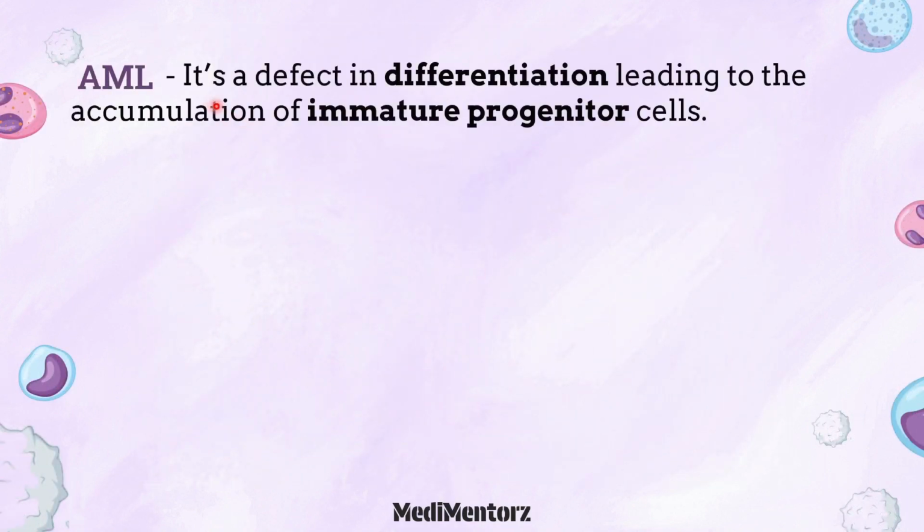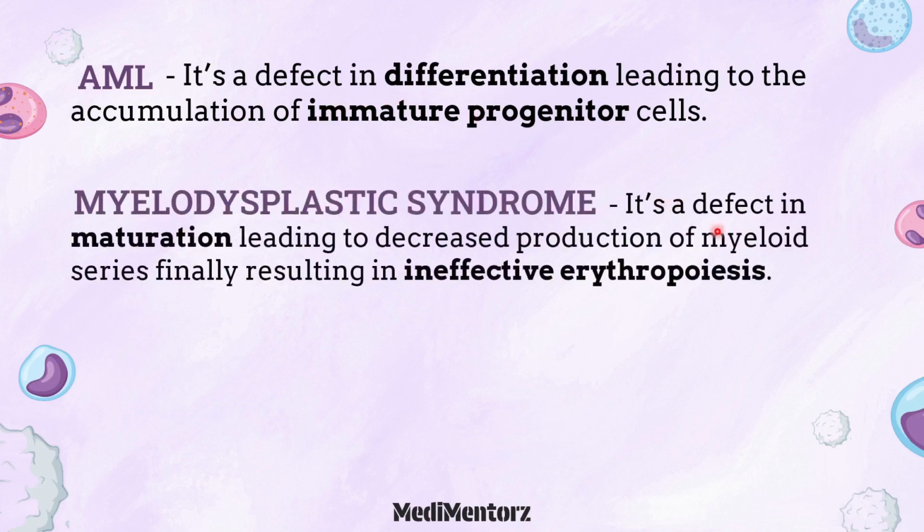AML refers to a defect in differentiation which leads to accumulation of immature progenitor cells in the blood. The myelodysplastic syndrome refers to a defect in maturation leading to increased production of myeloid series, finally resulting in ineffective erythropoiesis.